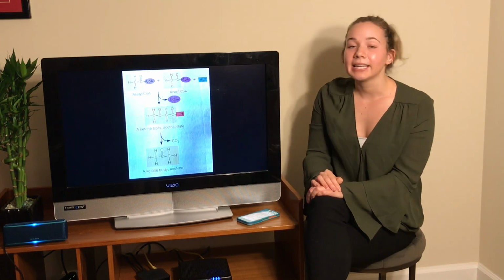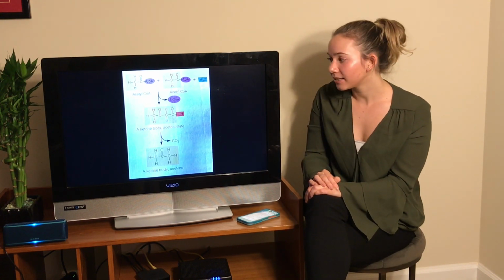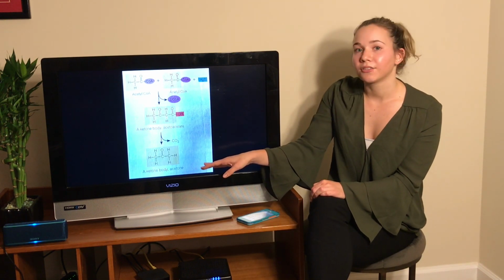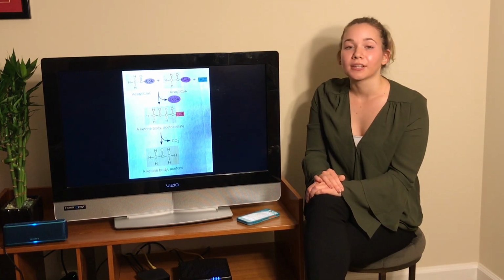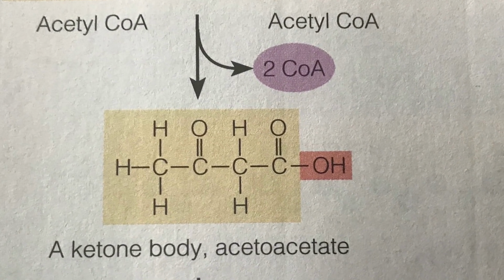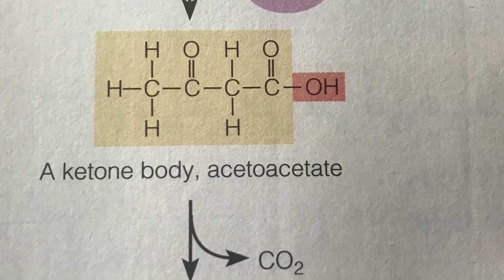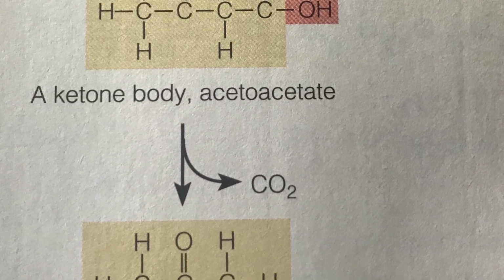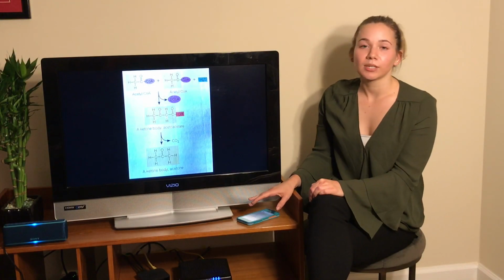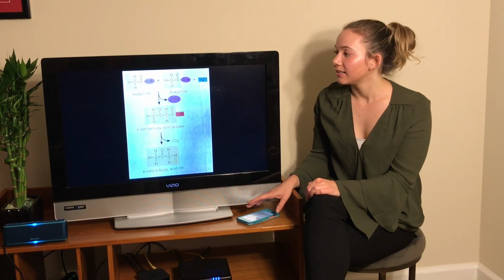They're going to combine to form ketone bodies, and you have 3 ketone bodies. Right here we have our acetoacetate, which can then produce acetone, another ketone body, or beta hydroxybutyrate, the 3rd ketone body. So that's really what happens with those excess acetyl-CoAs.